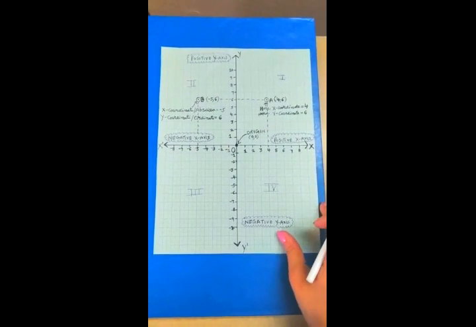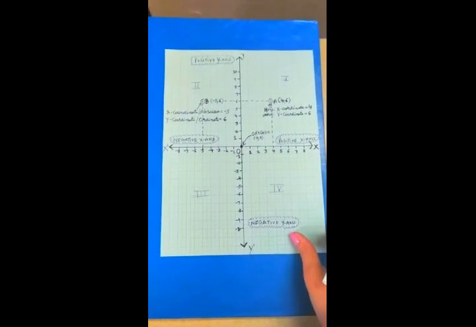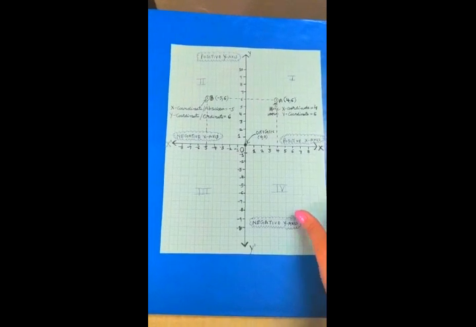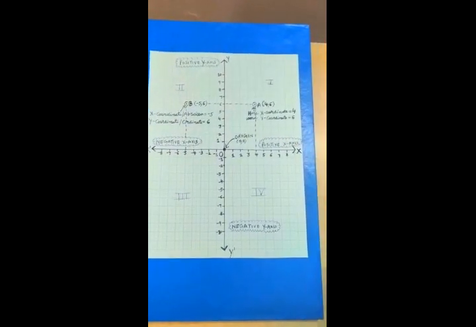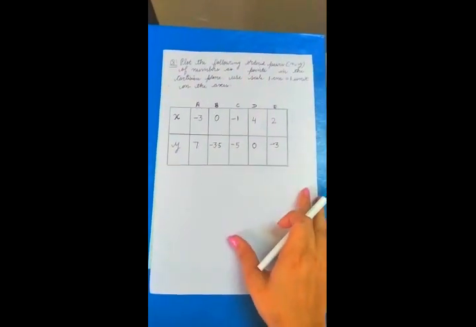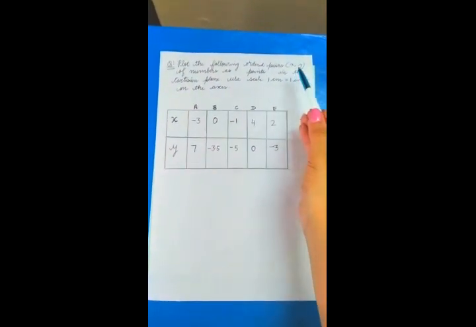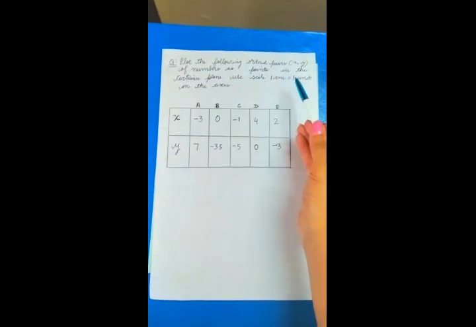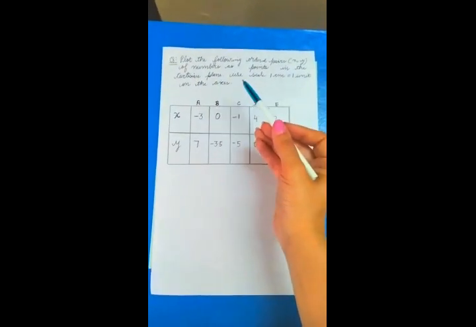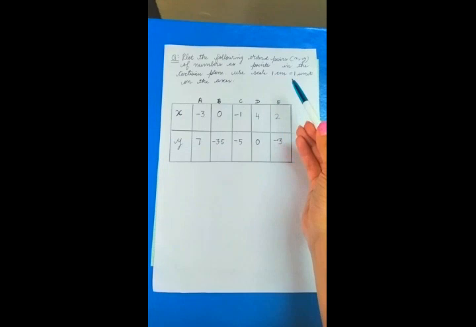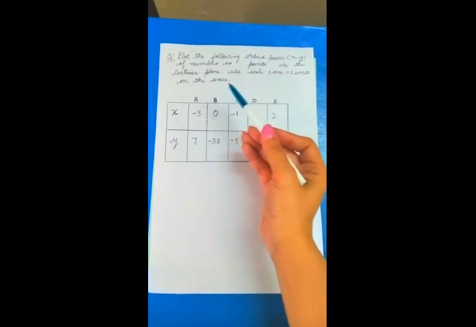Now let us understand more clearly with the help of a question. Plot the following ordered pairs (x, y) of numbers as points in the Cartesian plane. Use scale 1 cm equal to 1 unit on the axis.